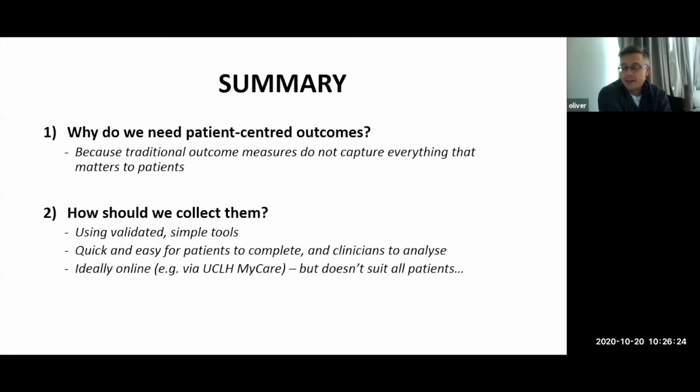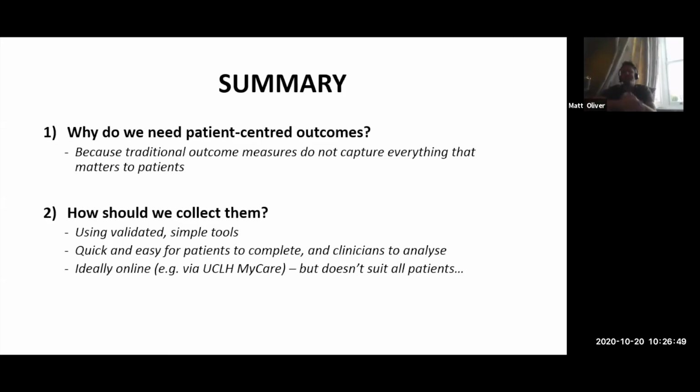And as I mentioned, I think that's particularly true in routine surgery that maybe doesn't have high rates of mortality and post-operative complications, because if we're only looking at clinical indicators like post-operative complications and mortality, it's very difficult to pick up whether we're providing high quality care.